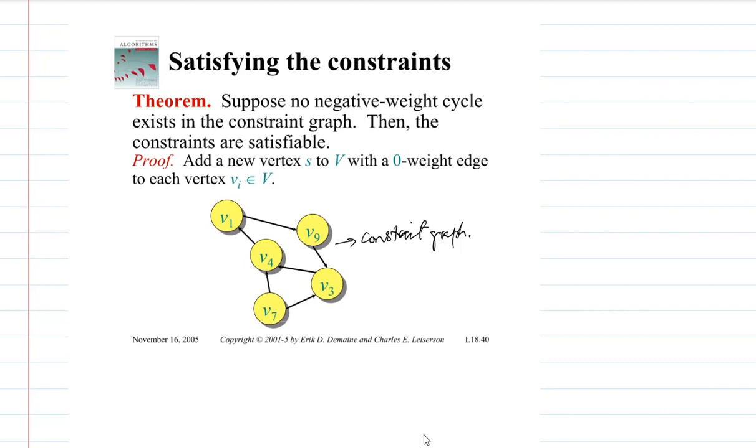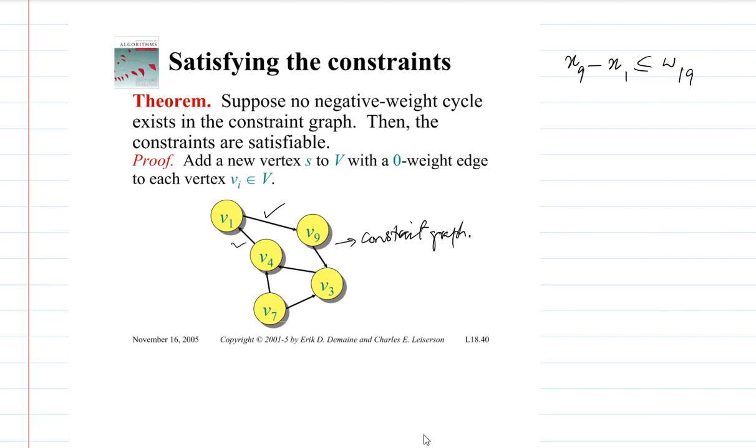The first one is from v1 to v9, so that means x9 minus x1 should be less than or equal to w19.